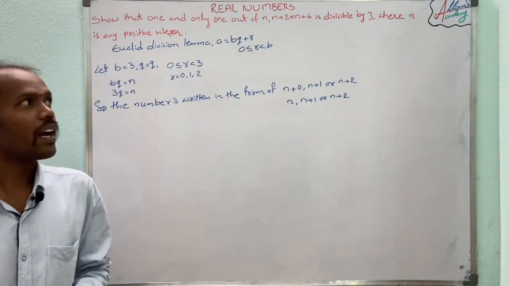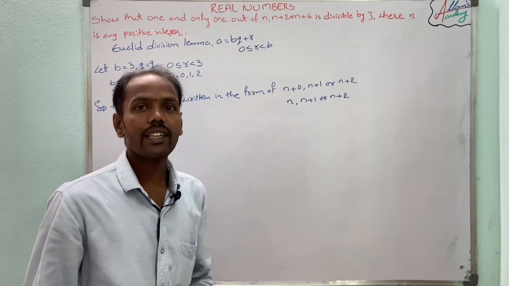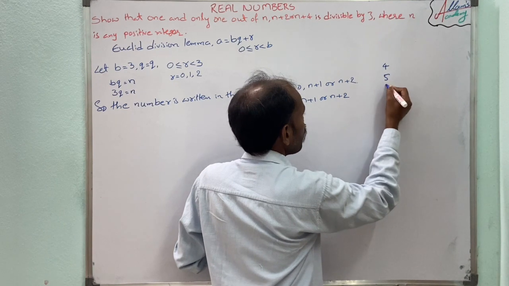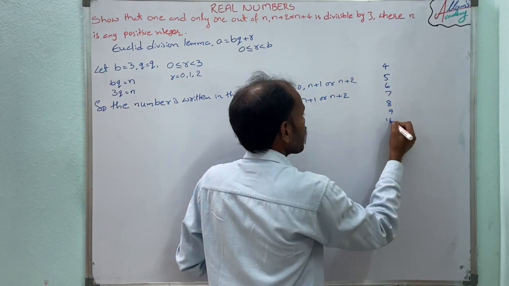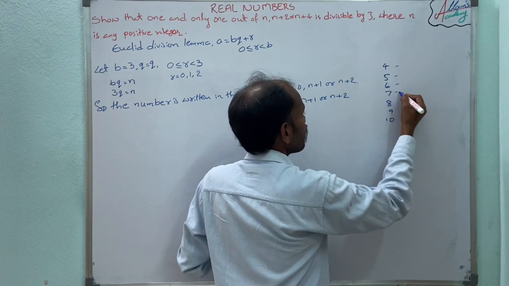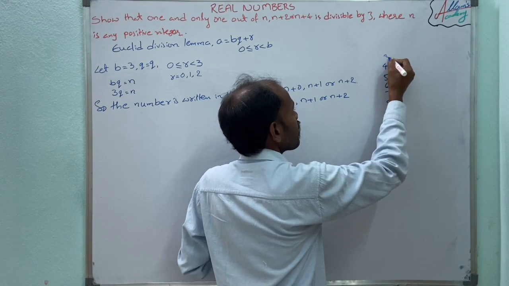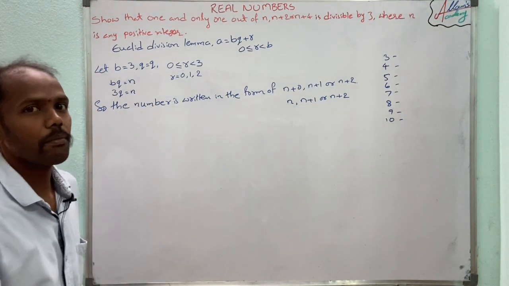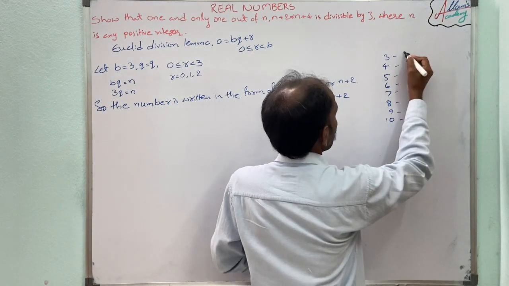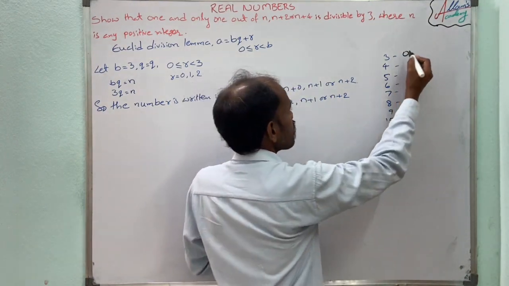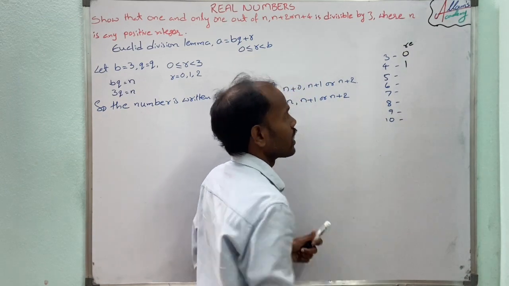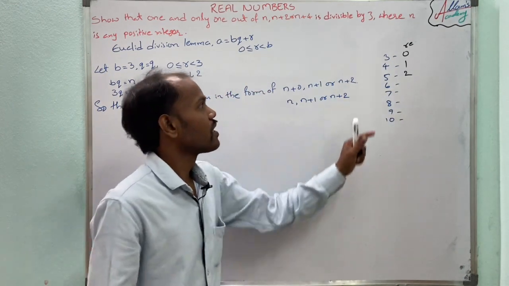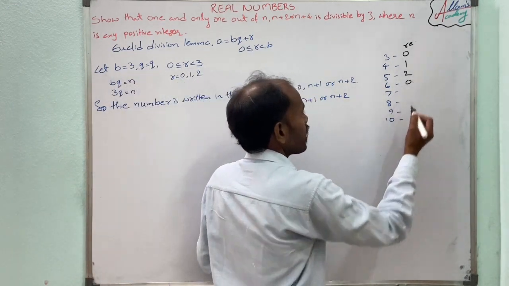Now if we divide a number by 3, what are the remainders coming? Let us observe: from 3 onwards we take 3, 4, 5, 6, 7, 8, 9, 10 and so many we can take. If we divide 3 by 3, we get the remainder 0. If 4 we divide, we get the remainder 1. If 5, remainder 2. 6 divided, remainder 0.